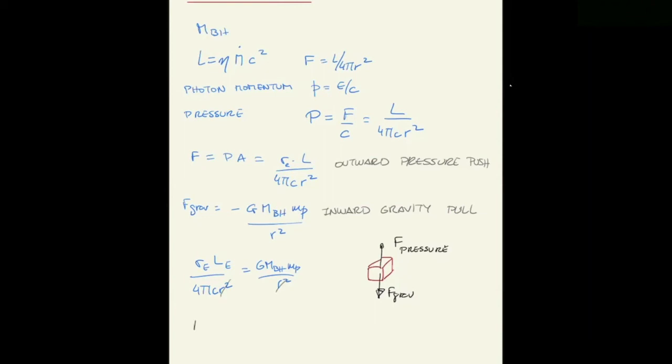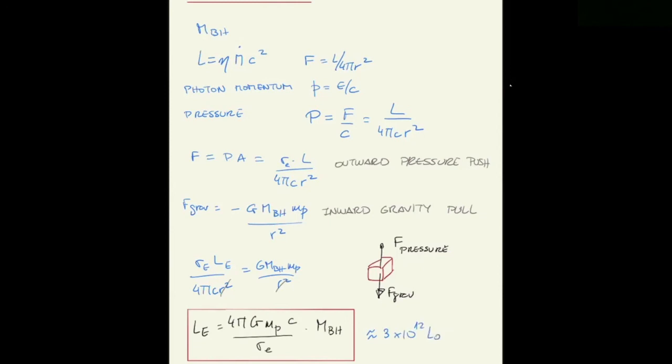So solving this for the Eddington luminosity, you have 4 pi G m_p, where m_p is the mass of the proton, over c sigma_e, times the mass of the black hole. And substituting the values, this gives you about 3 times 10 to the 12 solar luminosities for a black hole of about 10 to the 8 solar masses.